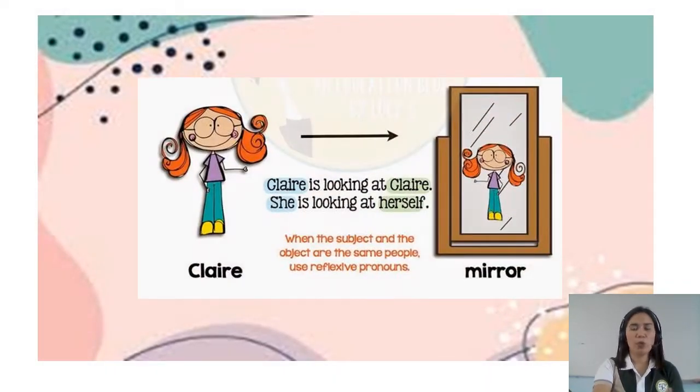For example, Claire is looking at Claire. When we use pronouns here, it becomes she is looking at herself. So that is a reflexive pronoun.